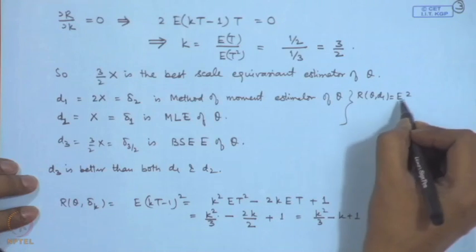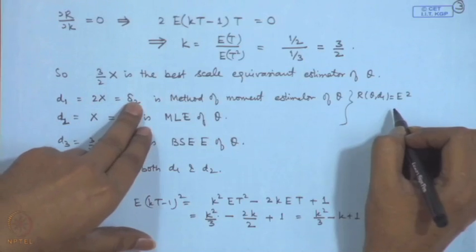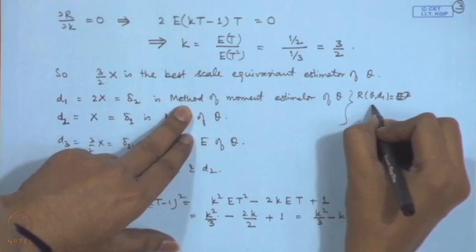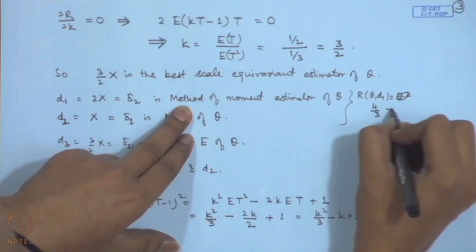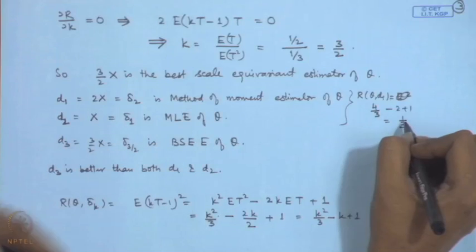So, from here the risk function of the method of moments estimator will be equal to 4 by 3 minus 2 plus 1, that is equal to 1 by 3.